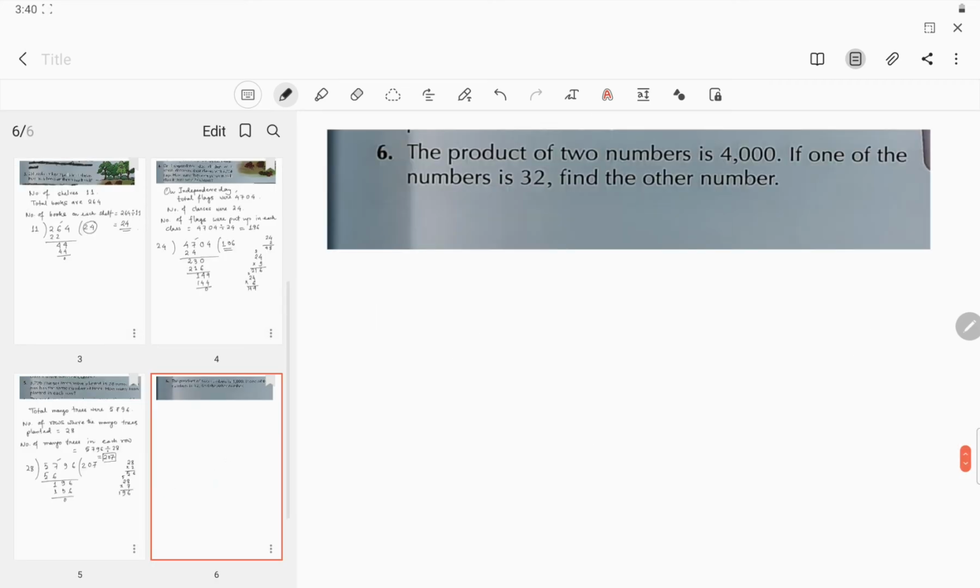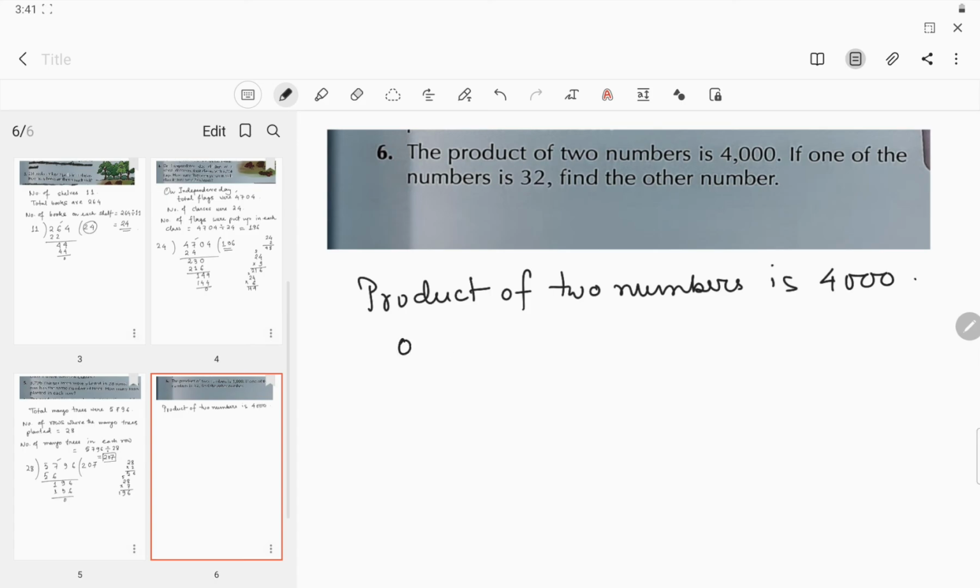Now let's move to the next question. That is our last question. The product of two numbers is 4000. If one of the numbers is 32, find the other number. So the product of two numbers is 4000. One number is 32.